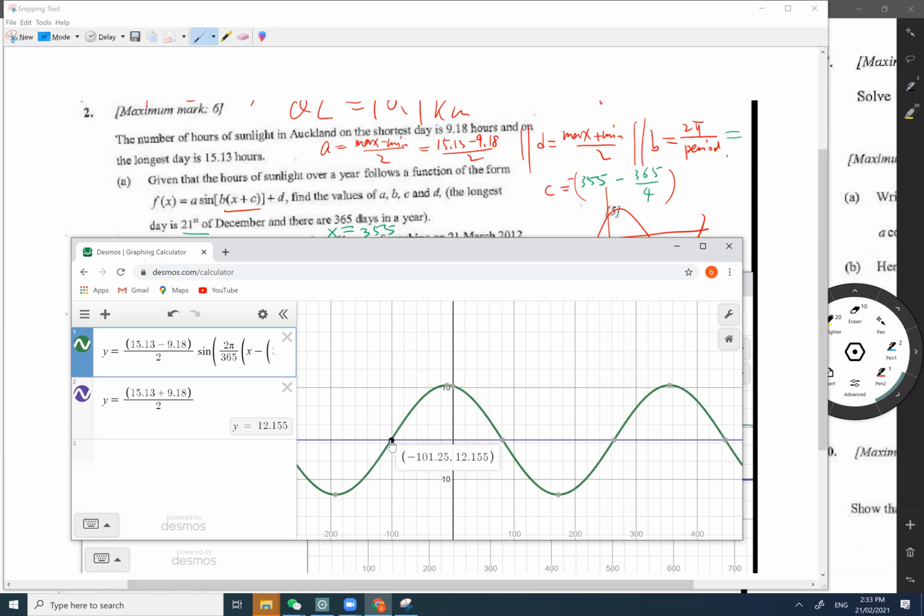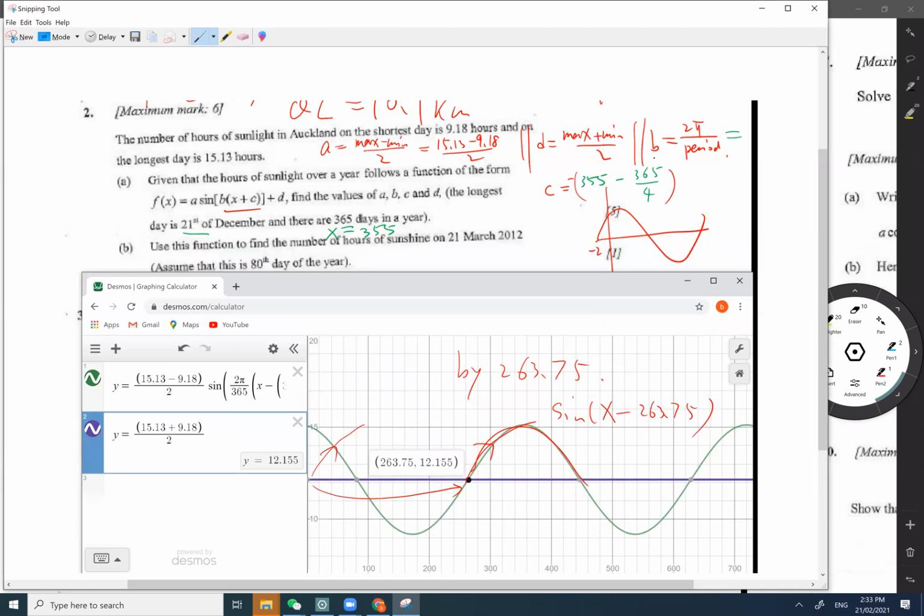In this case, we can do x plus 101.25, because that means move to the left. So we've got two possible answers. For this question, you can write f(x) equals something sine 2 pi over 365 (x plus 101.25).